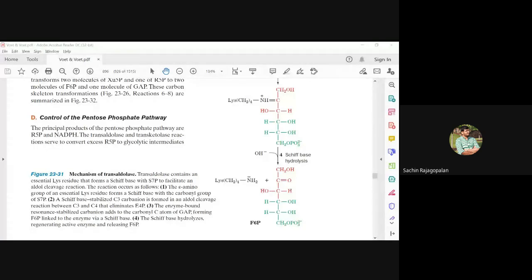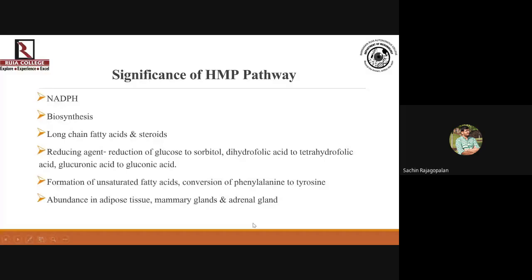Okay, sounds great. So with that, we come to the significance of HMP. So when we talk about significance of HMP, we have already spoken that there are two very important components which HMP gives us. Number one is NADPH, which is going to act as a reducing agent, and it is very important for several biosynthetic reactions.